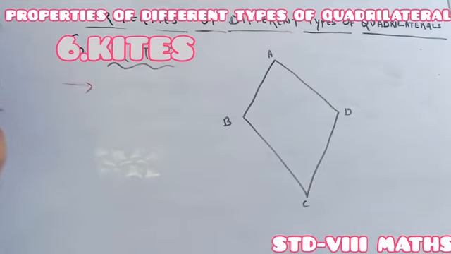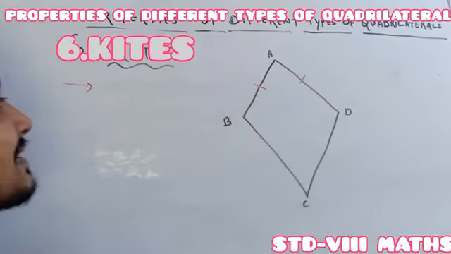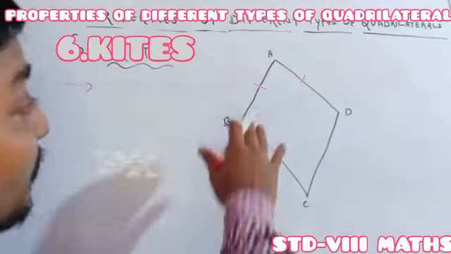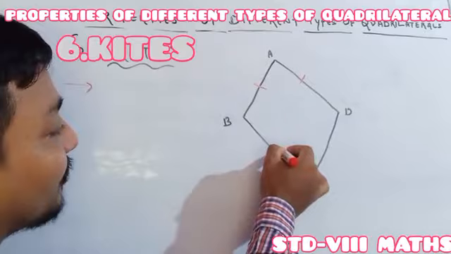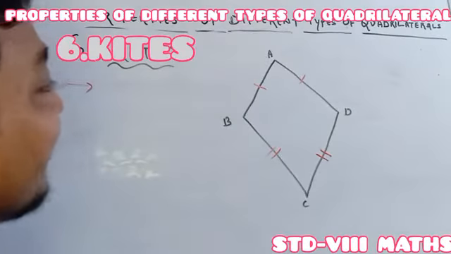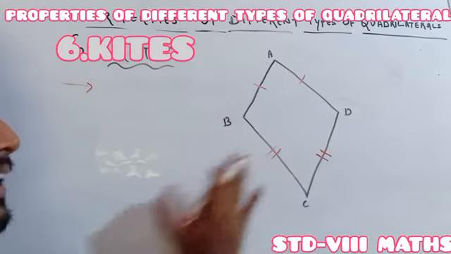Then the second point I am saying: see here this one and this one are both the same, opposite or adjacent. Here one pair of adjacent sides is equal, along with another pair of adjacent sides being equal. So it means it is a quadrilateral. First point, it is a quadrilateral.